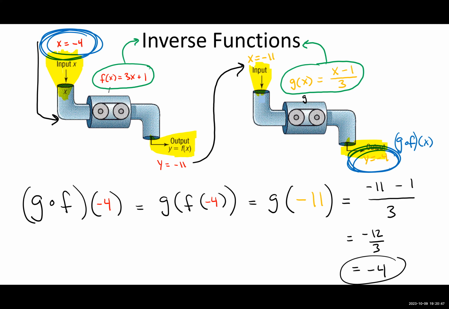These two functions are called inverses of each other, and the notation we're going to use is f with a little superscript -1 of x. This is read f inverse of x.